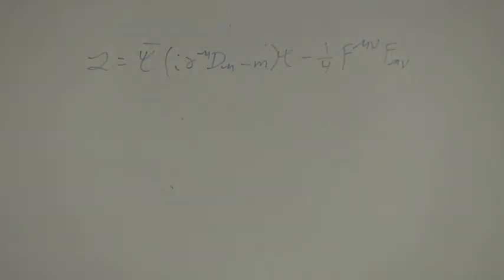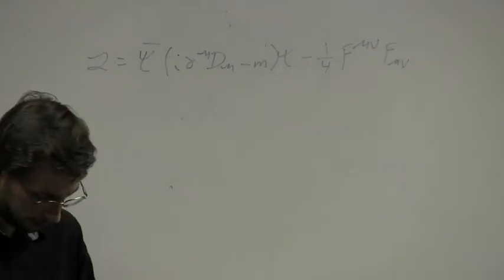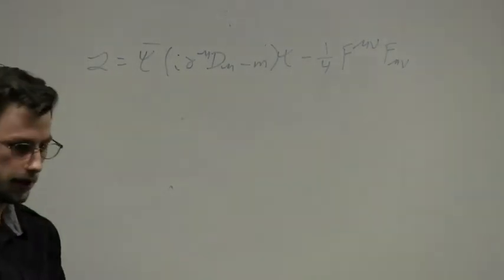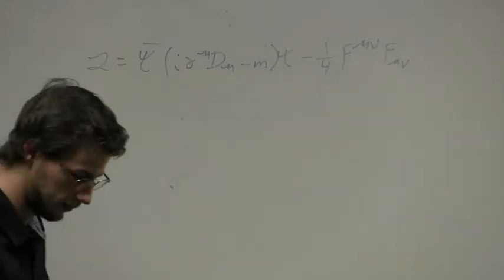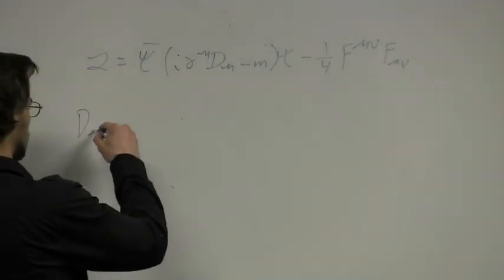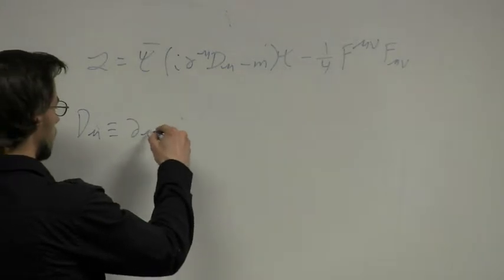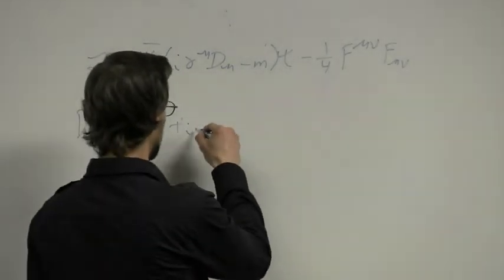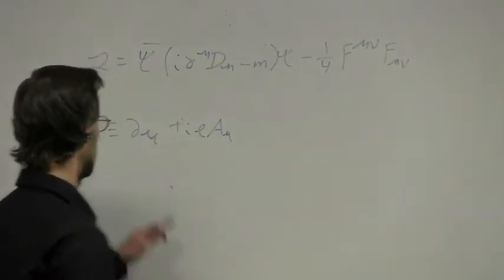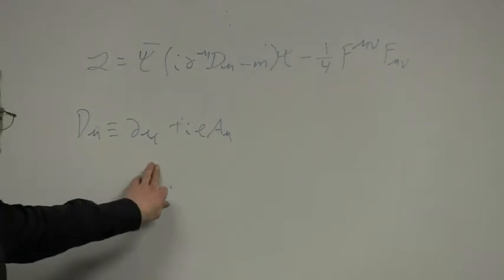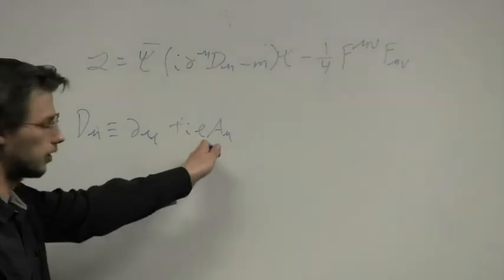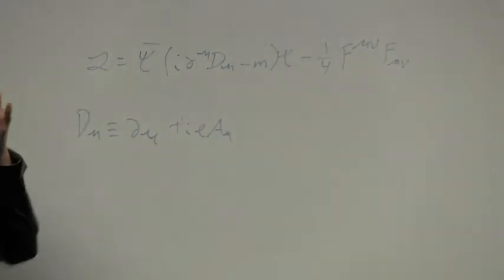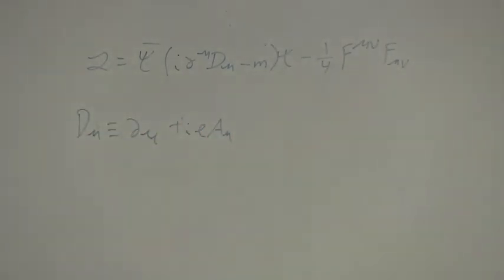And then you have derivatives, which is d mu. We define it here in such a way just to make things a little less writing, for lack of a better word. So d mu is defined to be partial mu plus i. So that's just the normal derivative I showed you in the beginning. And then this is the potential with electric charge, which in general is the coupling constant.